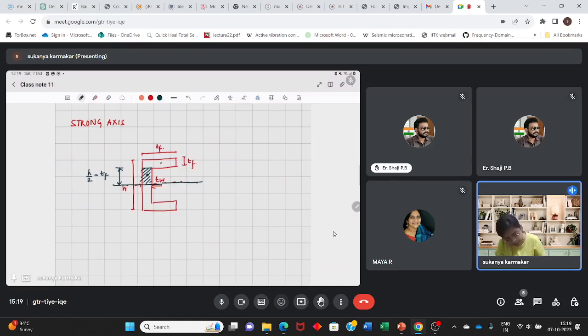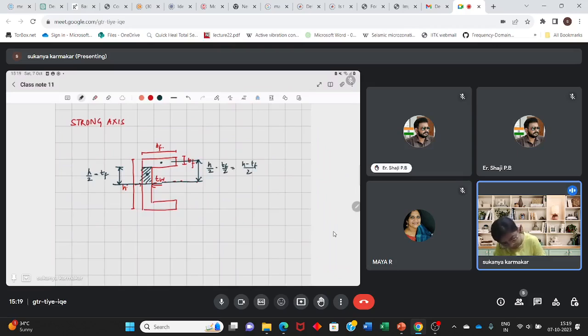And the centroid of this upper half will lie at h by 2 minus tf by 2, so basically h minus tf by 2.